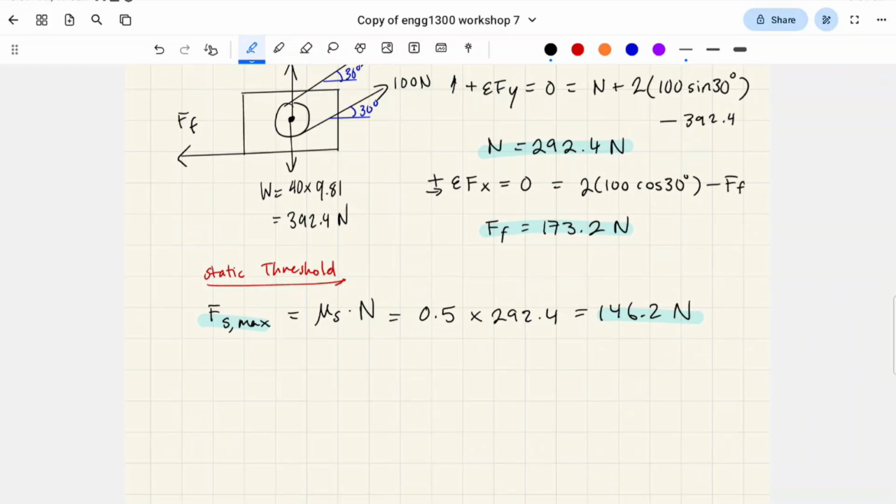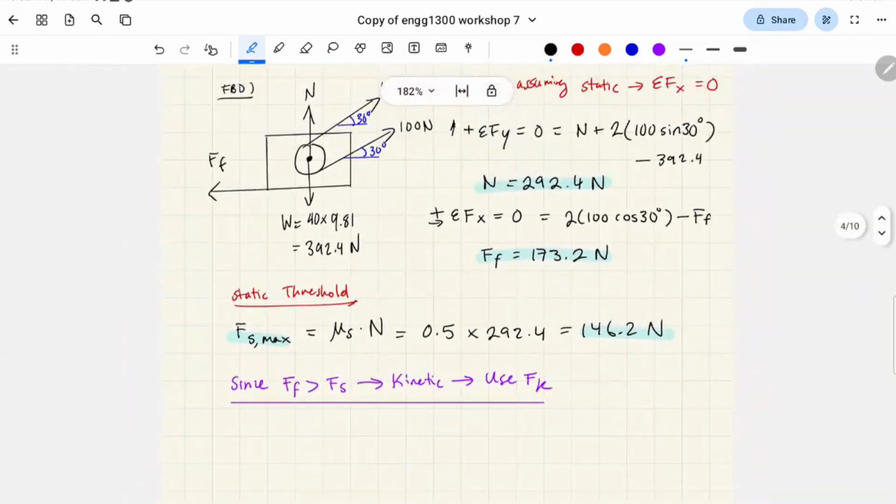But if FF is greater than FS max, we have to use kinetic friction. And that's the case here. We use kinetic friction, and we use FK in our calcs, which we have to calculate.